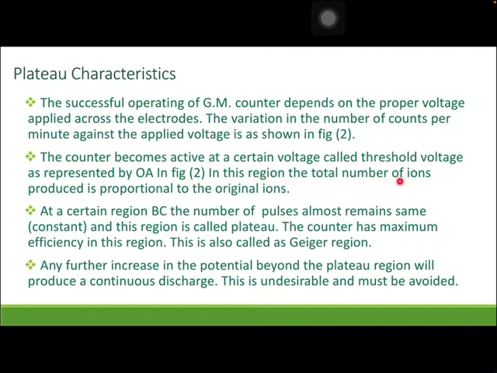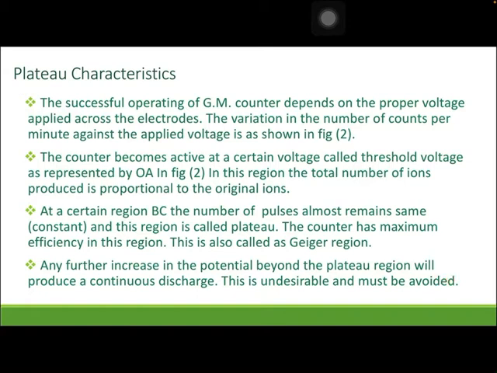In this region, the total number of ions produced is proportional to the original ions. At a certain region BC, the number of pulses remains almost constant, and this region is called the plateau region. The counter has maximum efficiency in this region. This is also called the Geiger region. Any further increase in the potential beyond the plateau region will produce a continuous discharge. This is undesirable and must be avoided. That is the region beyond the point C in the graph.